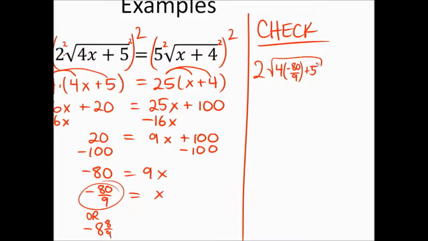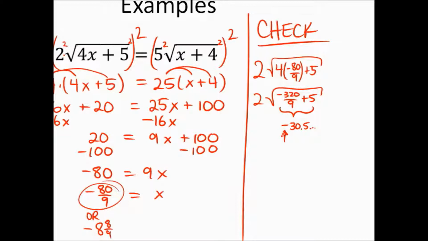So that would be 4 times negative 80 is negative 320 over 9 plus 5. And let's just get an approximation for that. Negative 320 divided by 9 plus 5 is going to leave us with negative 30.5 repeated, which we could have in fraction form and have it all fine and dandy.